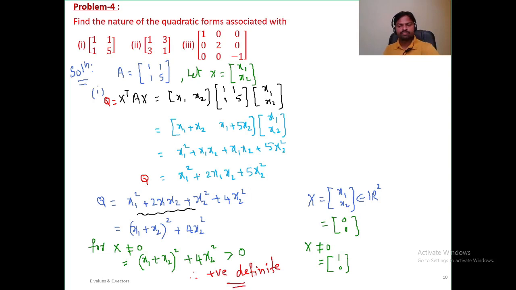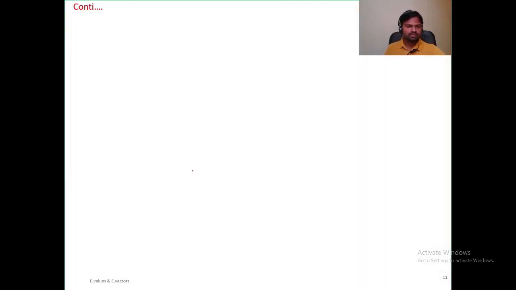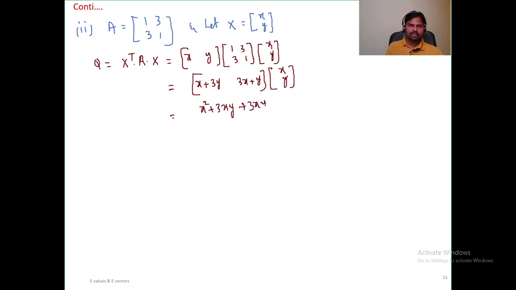Similarly, the second problem, 1, 3 and 3, 1. Let us take the matrix A as 1, 3, 3, 1. So finally what you got is x square plus 6 times xy plus y square.